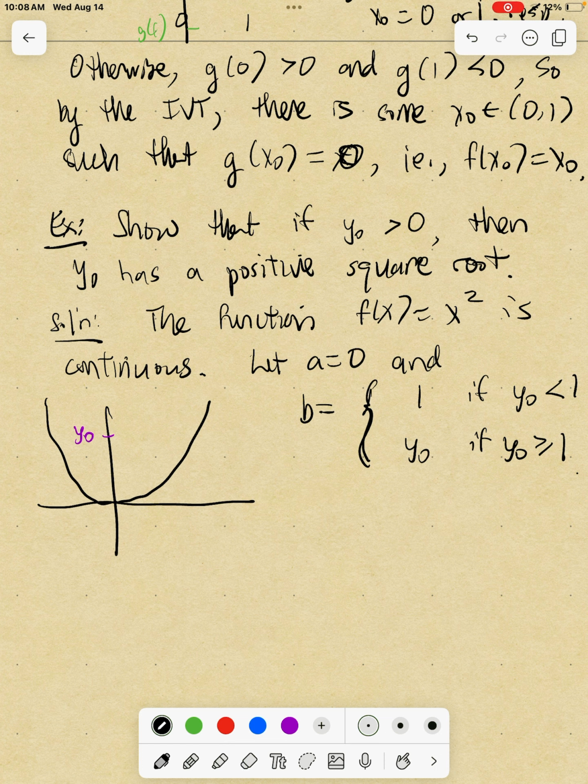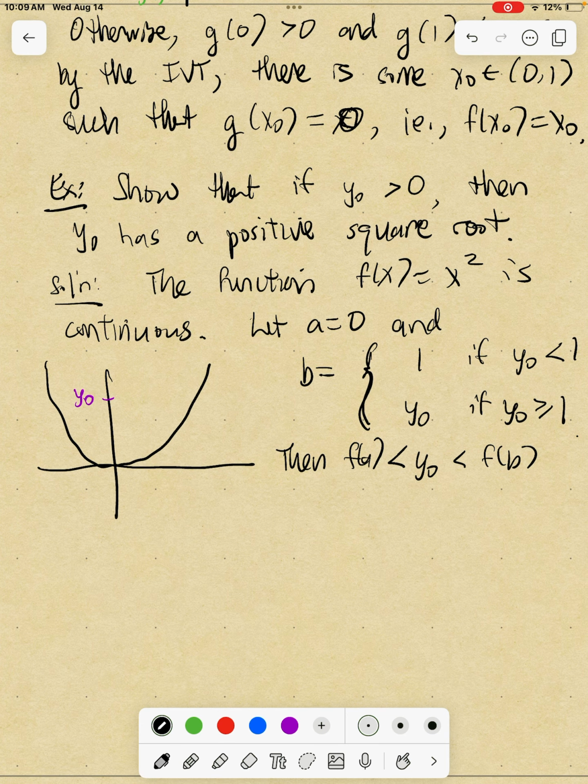So in either case, whatever b is, y naught is between f of a and f of b.